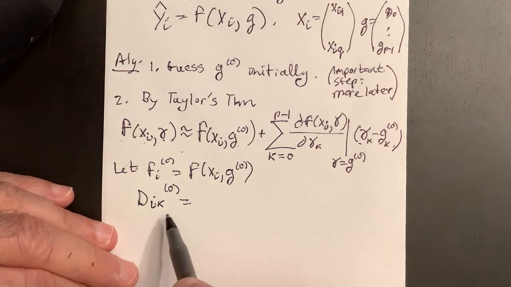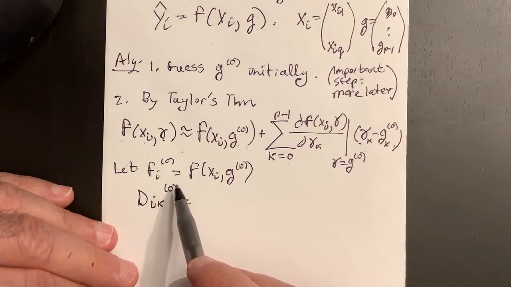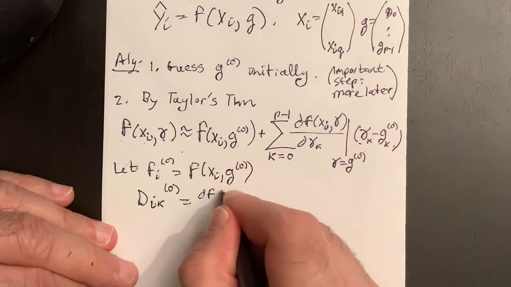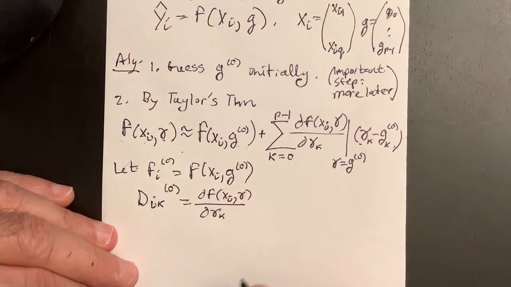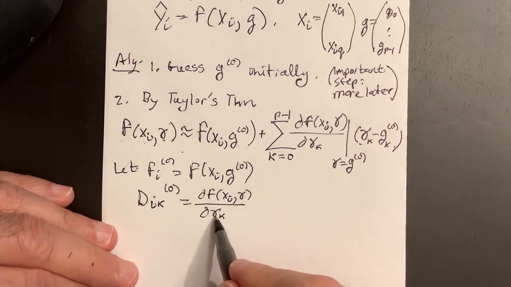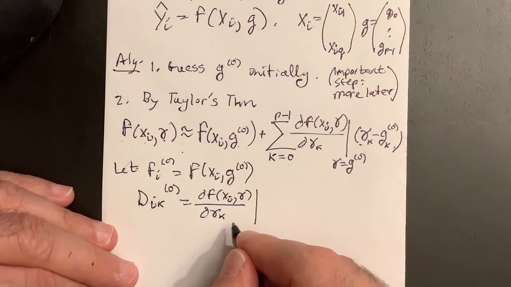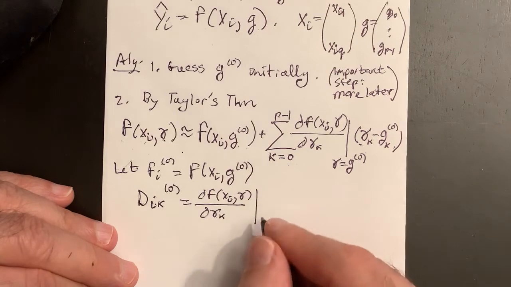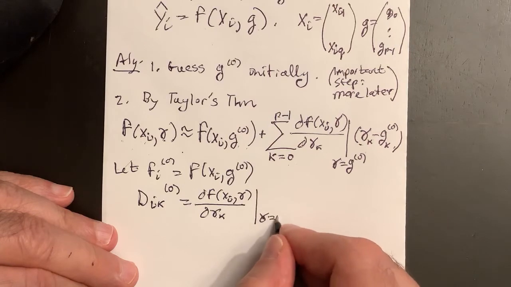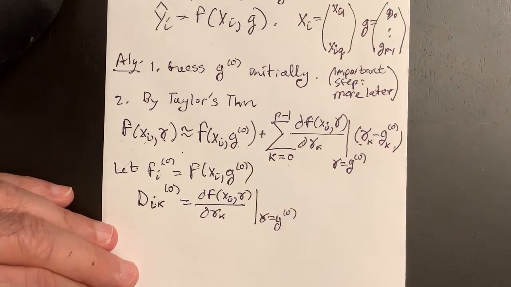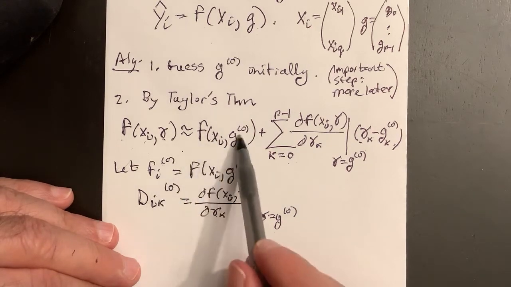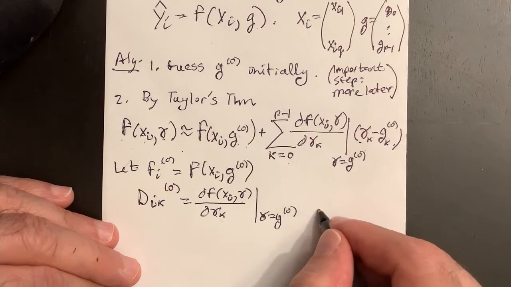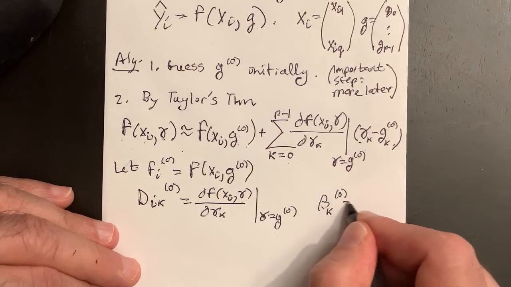So dik0 is going to be the partial derivative of f(xi, gamma) with respect to gamma k, evaluated at the vector xi and at gamma equals g0. This is just to shorten all these. So you see this is just this, and then we'll call this piece here beta k0.